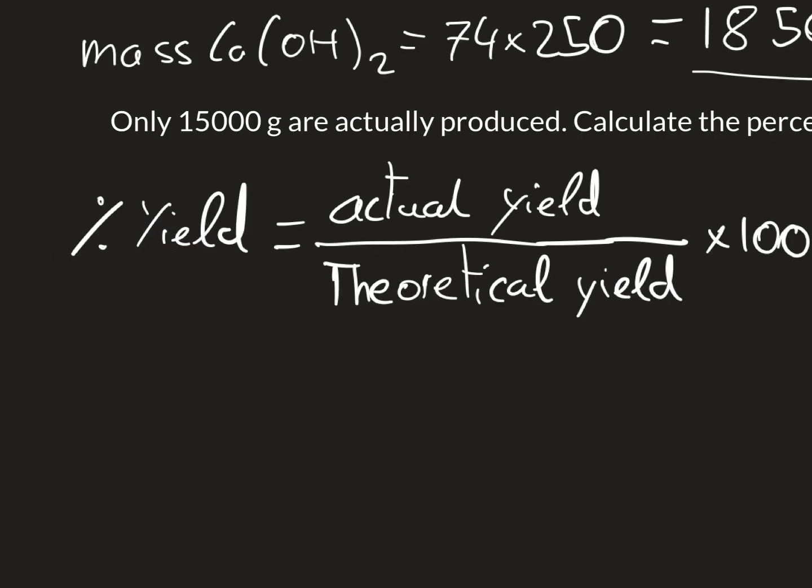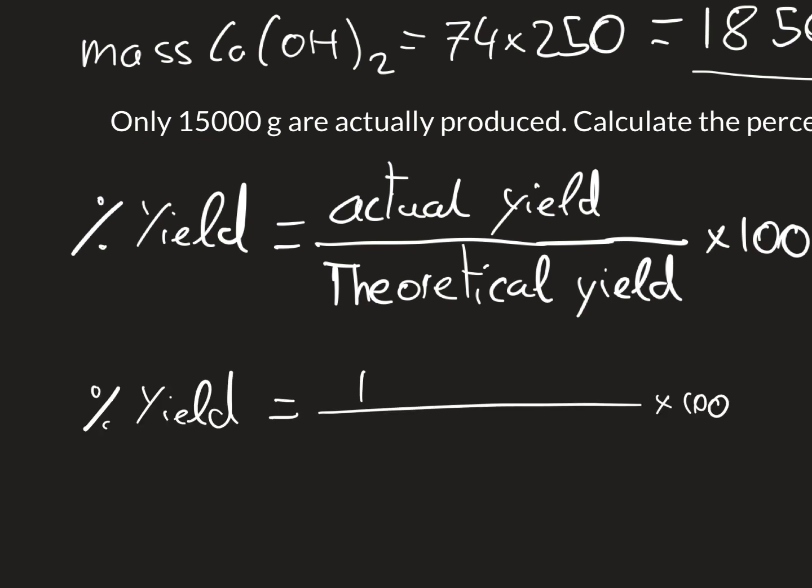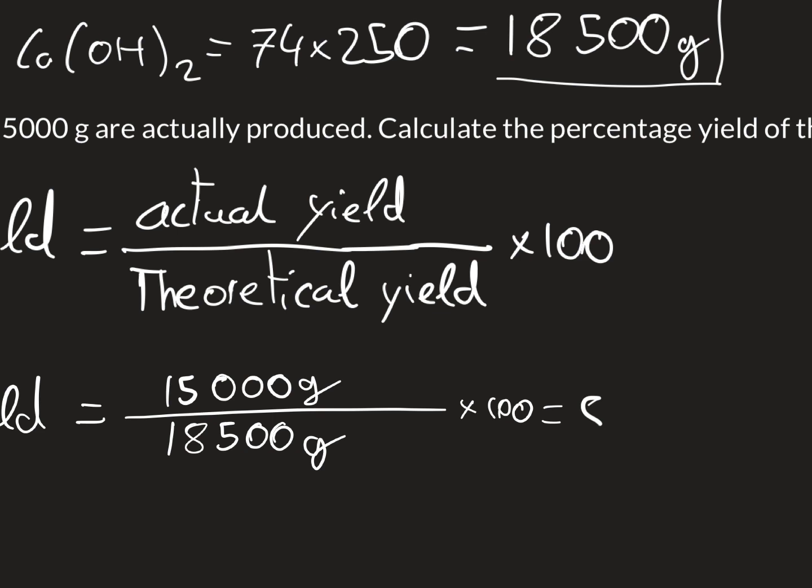In this reaction, the actual yield is what is actually produced, so 15,000 grams are actually produced. And divided by the theoretical yield that we just calculated before, which is 18,500 grams. That is 83%.